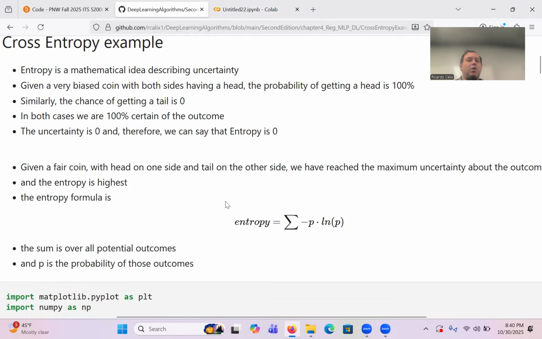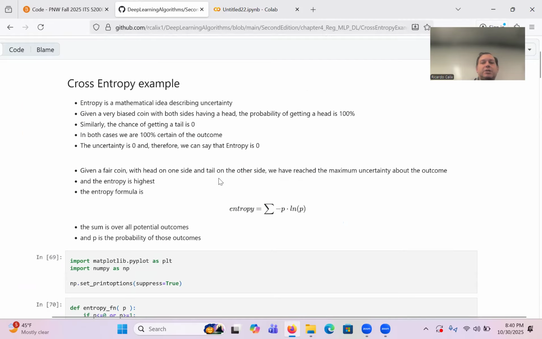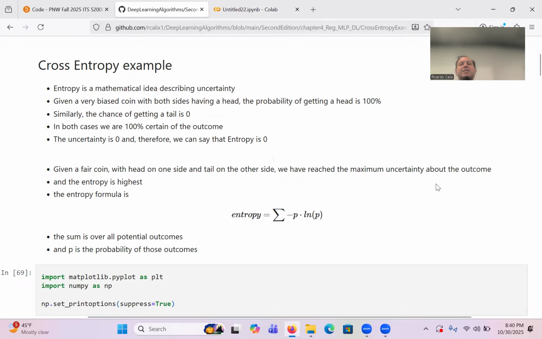Given a fair coin with head on one side and tail on the other side, we have reached the maximum uncertainty about the outcome. We always say it's a 50-50 chance. And the entropy in this case is the highest. We just don't know.